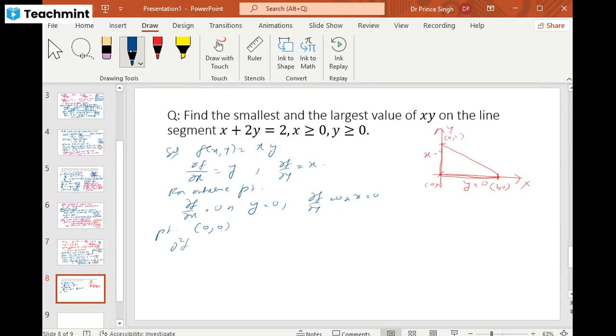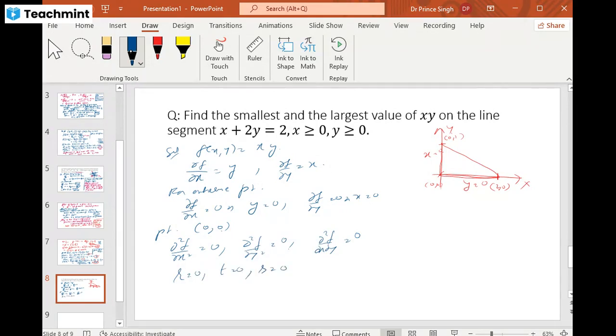But in this case, the second order derivative with respect to x is 0, the second order derivative with respect to y is also 0, and the second order derivative with respect to x, y is also 0. Meaning r is 0, t is 0, and s is 0.